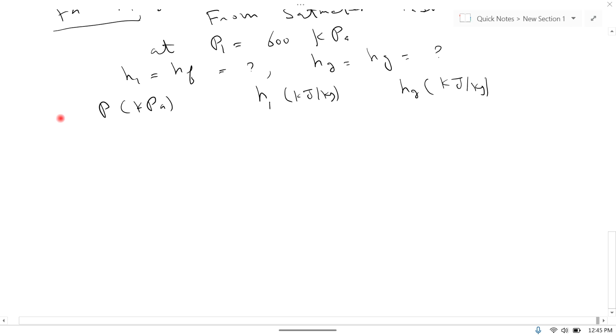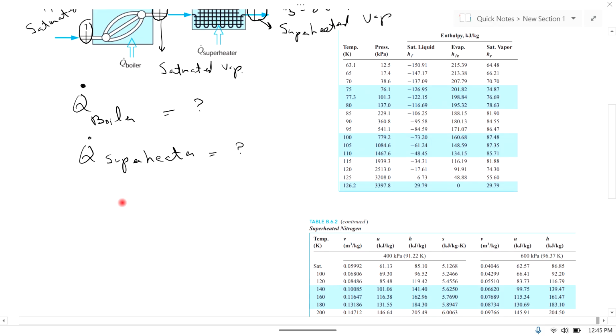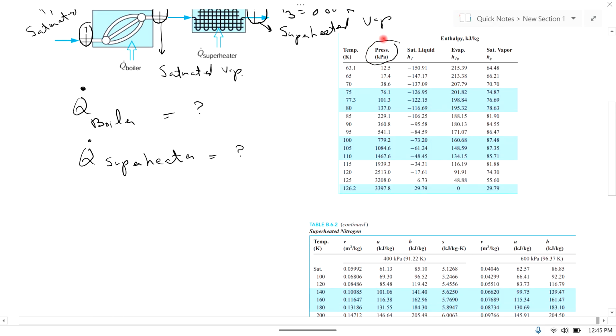If we check 600 in this table, it is not available. This is the pressure column, and this table is for nitrogen from the book. Here 600 kilopascal is not available, but 541.1 and 779.2 are available.